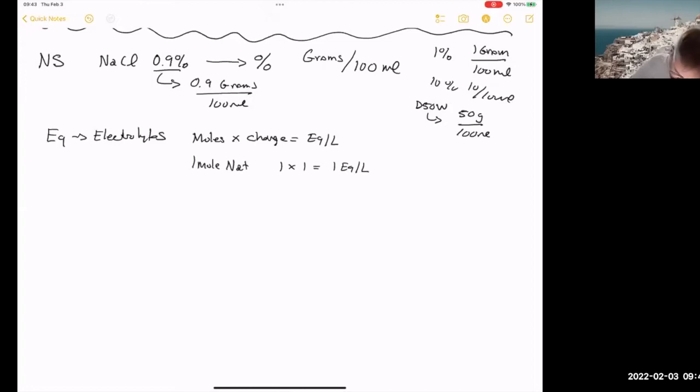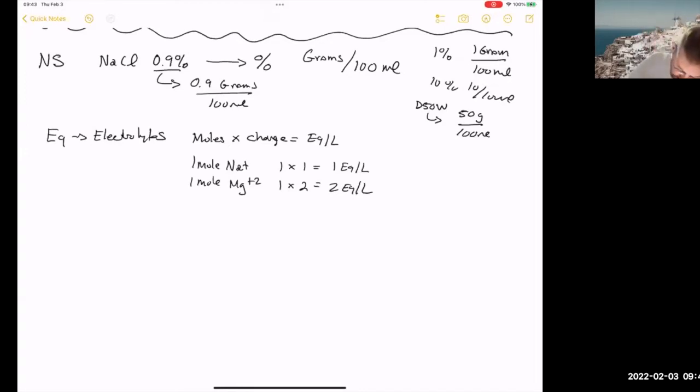If I have 1 mole of magnesium ions, so I have 1 mole of magnesium times a charge of 2, that equals 2 equivalents per liter, all right?